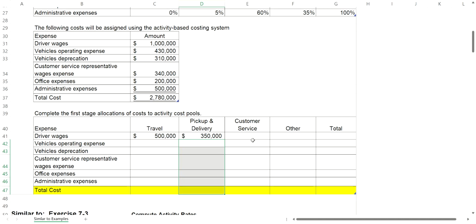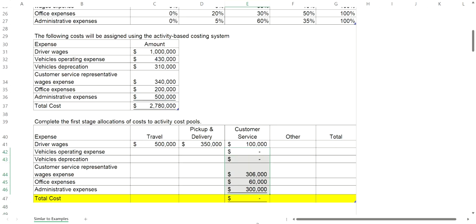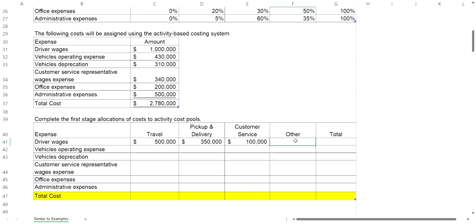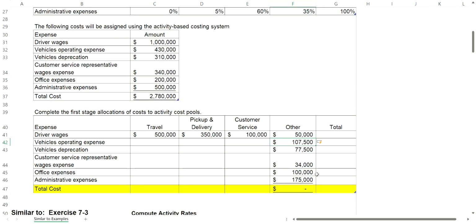So that's $350,000. For customer service, I'll take the $1 million, and 10% goes to customer service. So that's $100,000. And for other, I'll take the $1 million times 5% goes to other. Now, before I move on to my next activity, I'm going to add these 4 up and make sure that they do indeed equal $1 million, the driver wages.